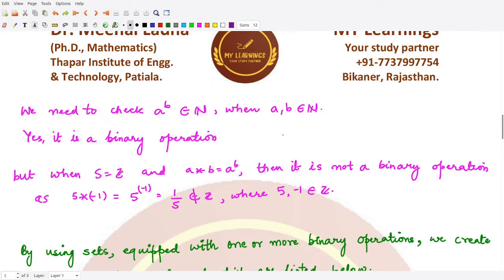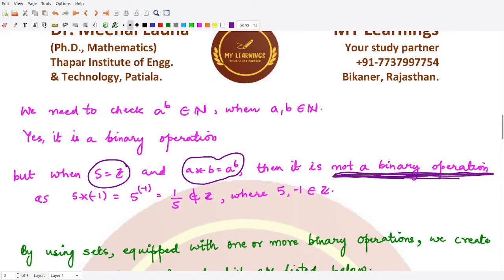But now if I change my set, if instead of natural numbers I take the set of integers and apply this operation that a star b is equal to a to the power b, then it is not a binary operation. Why is this so? Because when you take the power of two integers, the result is not always an integer. For example, if I take the first element as 5 and the second element as -1, both 5 and -1 are integers.